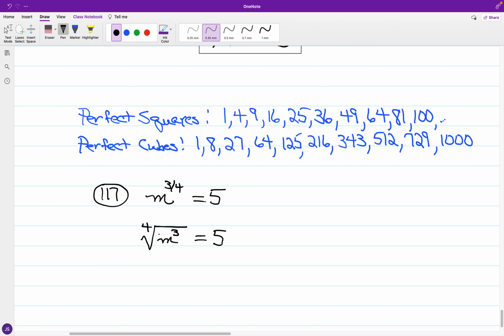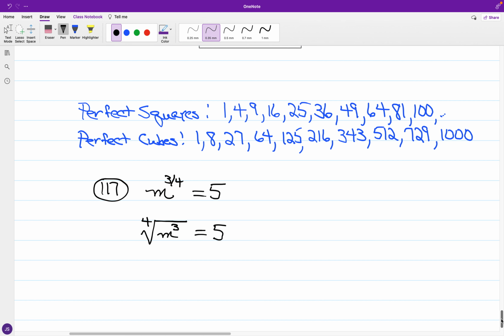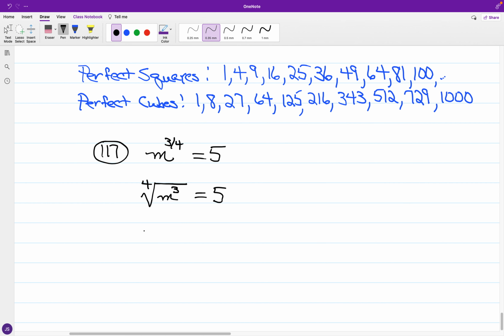So you've got an even root expression set equal to a non-negative constant. Okay, so I can proceed. What I can do here is take care of the 4th root by taking both sides and raising to the matching power or degree, which is going to be 4.